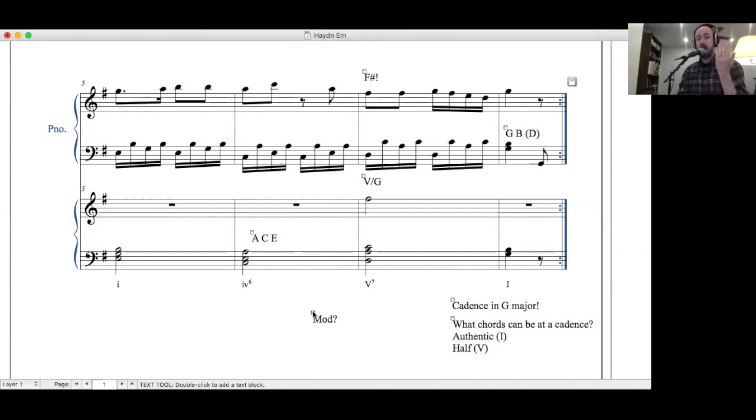So how do we figure that out? Number one, we want to make sure that we know which chords are shared between these two keys. We started in E minor and we're going to G major. That's a lot of chords that are going to be the same. What's the one note that really functionally changes between these two keys?